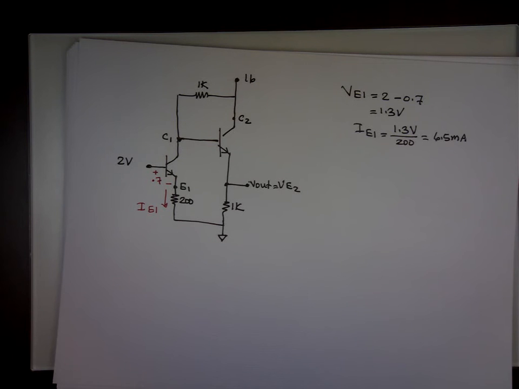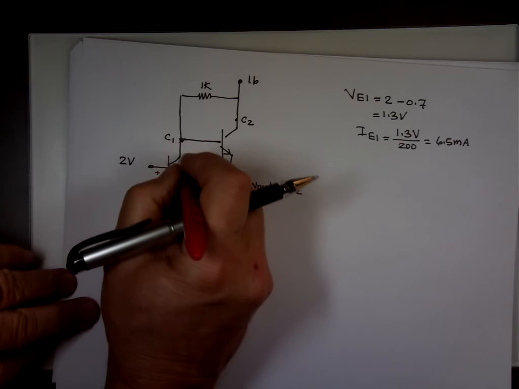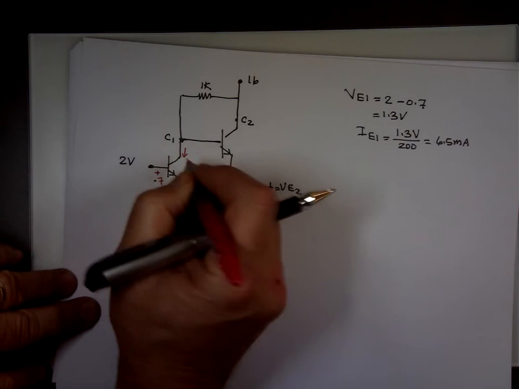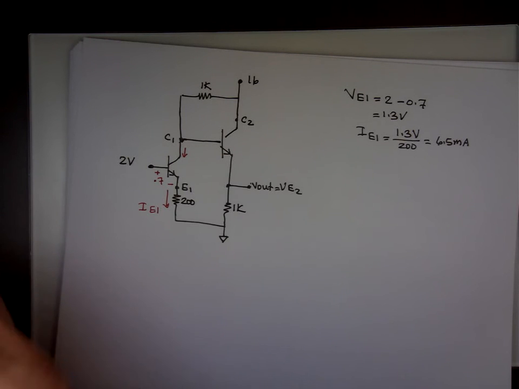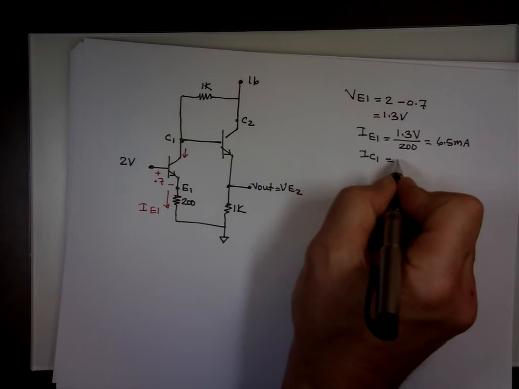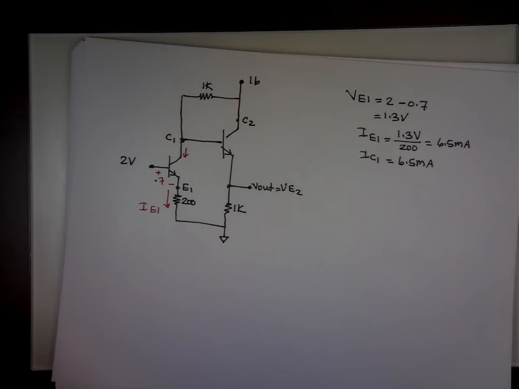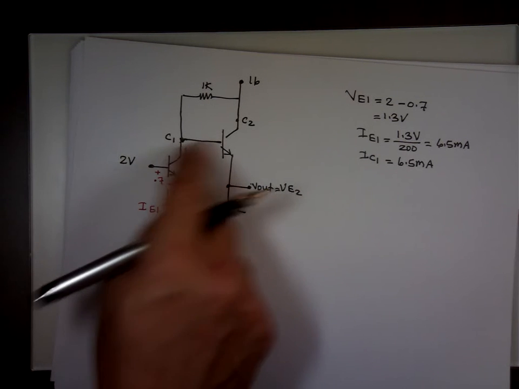If we assume this current is 0 going to that, then this current roughly, that's I collector 1, is going to be approximately equal to that one. As we said, the current going to the base of these, with all these transistors, very small.